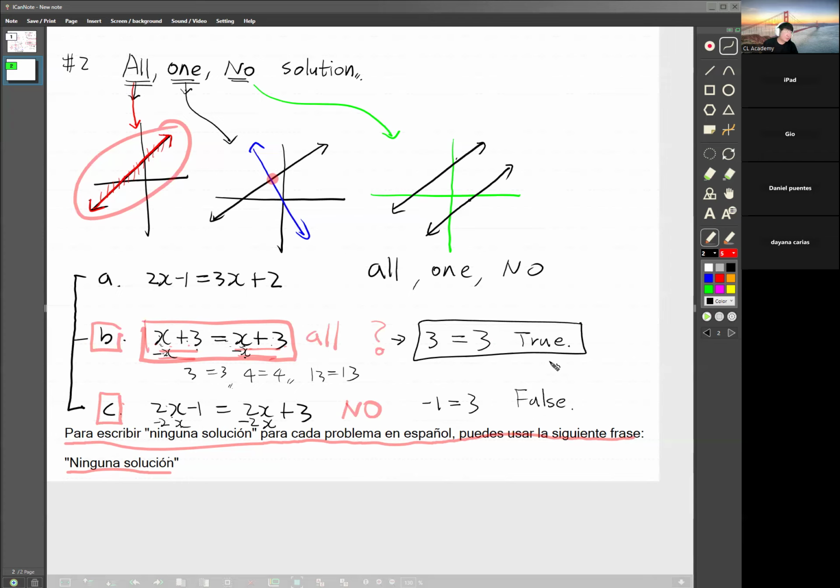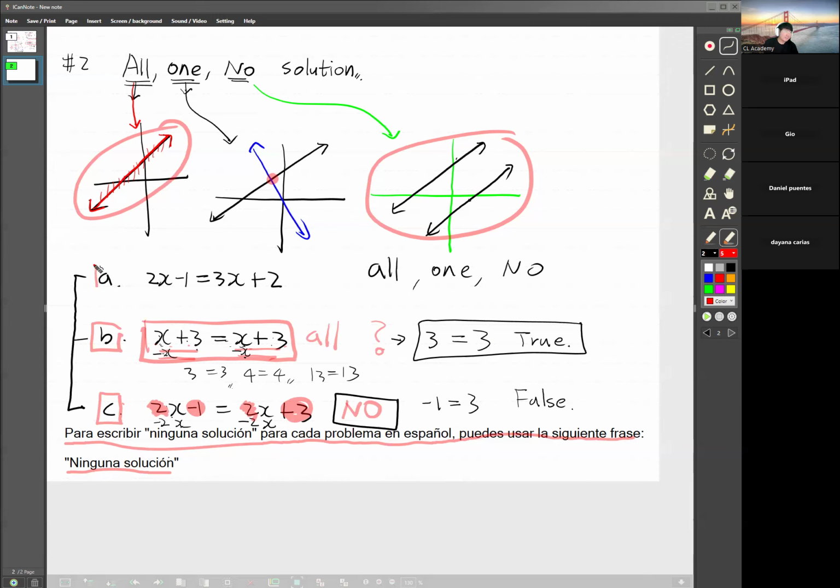So there's no x value that makes these two equations equal to each other. Hence, no solution. Graphically, they are parallel. Why parallel? Because the slope is 2 for both. The y-intercept is negative 1 and the other y-intercept is plus 3. So they are parallel and never intersect.